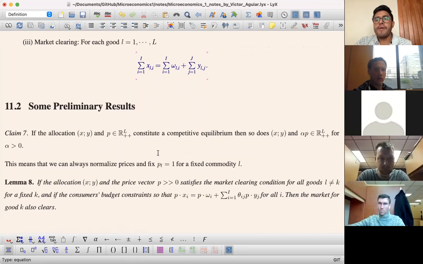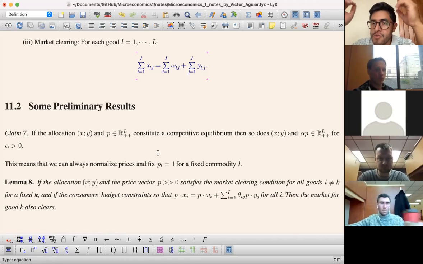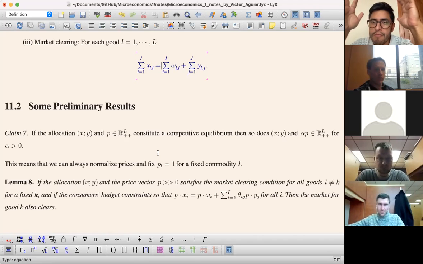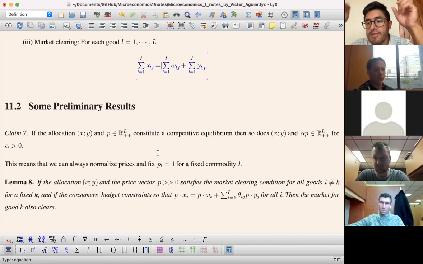Now, this is not the first time we're going to look at a market, so we're just going to keep going and do some analysis. But remember, when we study this, what is the big objective? If you go to the Mas-Colell preamble to this chapter on competitive equilibrium, Mas-Colell, Whinston, and Green have a really nice preamble making very clear the level of ambition of this theory of markets.